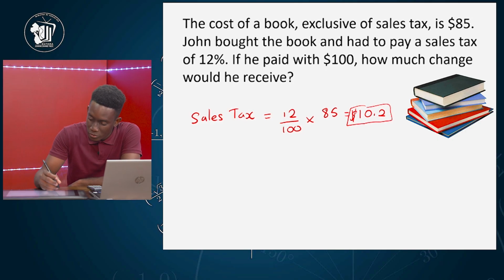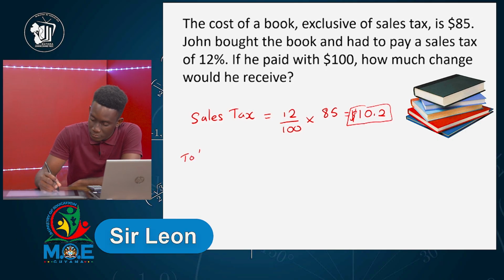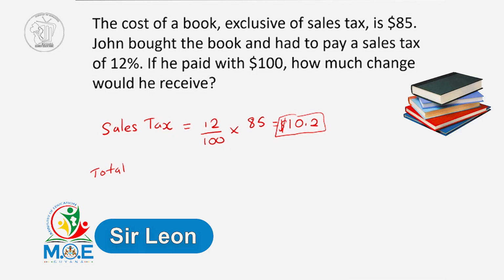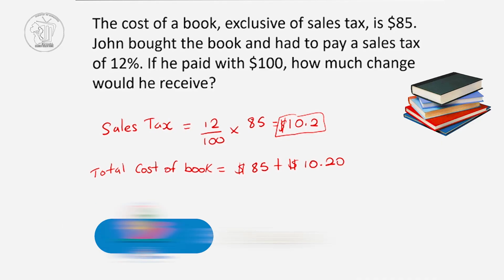So the total cost of the book would be $85 plus $10.20, or $10.2, which is the same as $10.20.